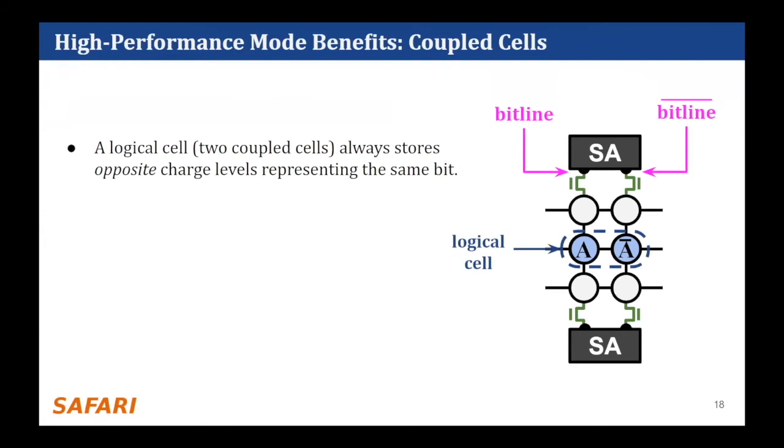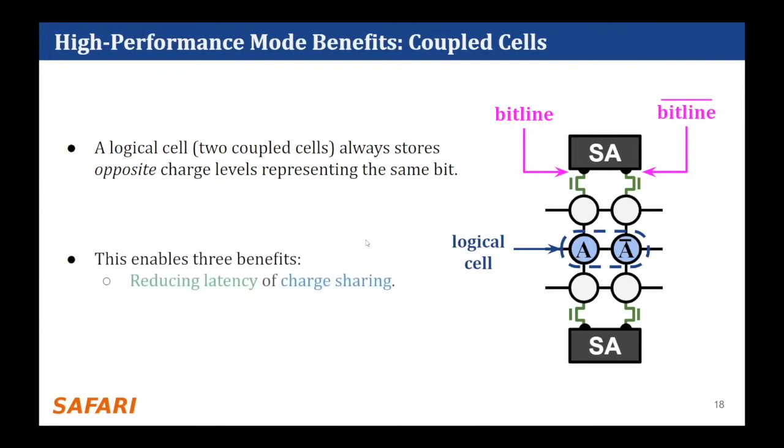First, a logical cell always stores opposite charge levels in the two coupled cells to represent the same bit of data. This is because the sense amplifier always drives the two bitlines that each of the coupled cells is connected to into complementary voltage levels.